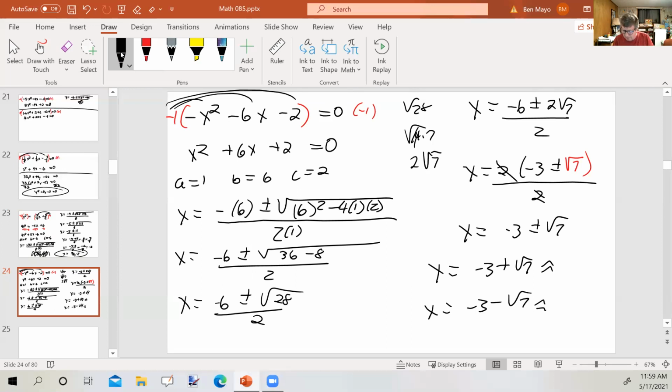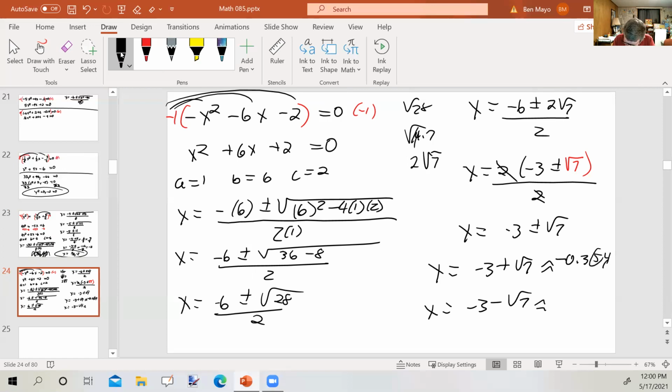Now we go to the calculator. Since we're not dividing by anything, we don't need parentheses. We can just say negative 3 plus the square root of 7, and I get -0.354.